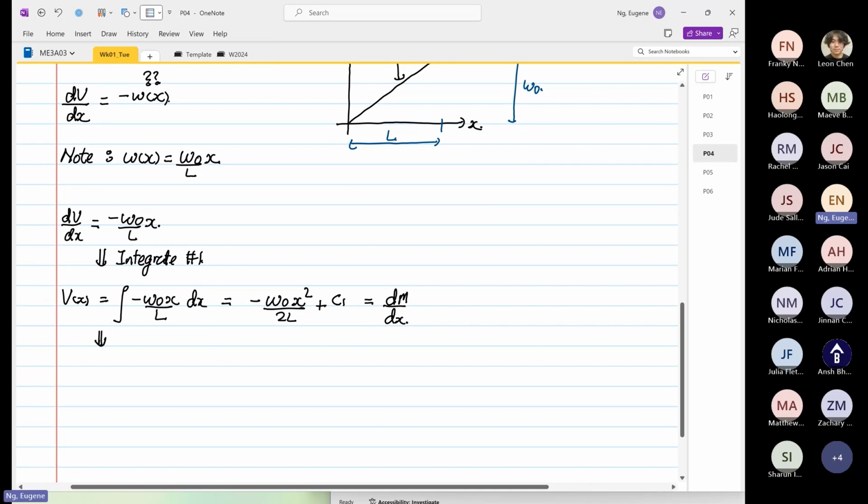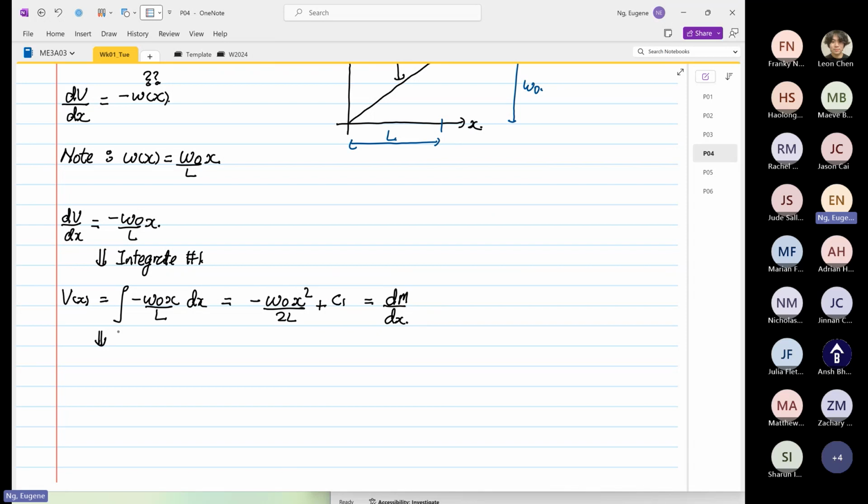Now, by the way, I'll be teaching this probably in the last week of the course, but you have to know this now, because later on we might apply some of this in bending moment.